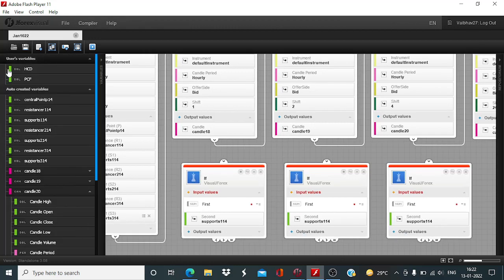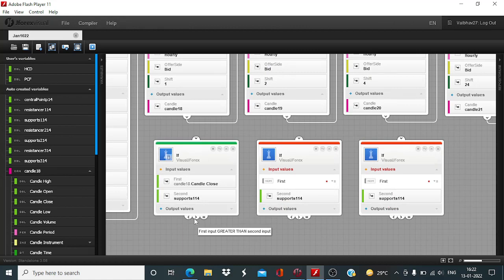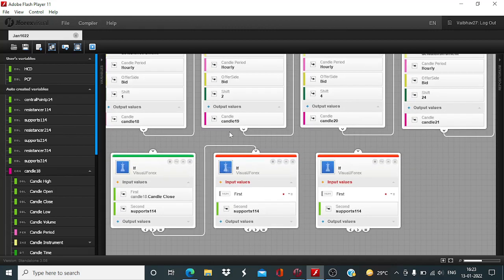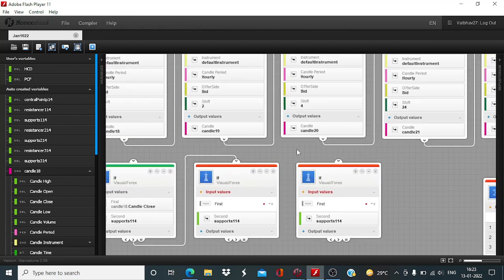So I take candle 18 candle close, and here I will join it first input greater than second input, whereas the candle 19 which closed 2 hours back, it should have its closing value on the lower side.